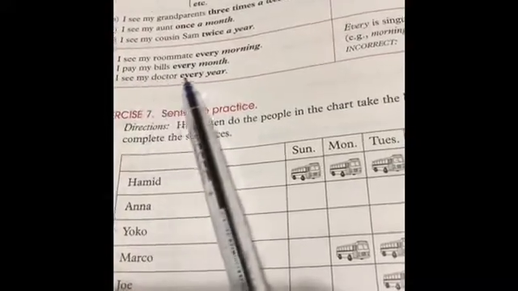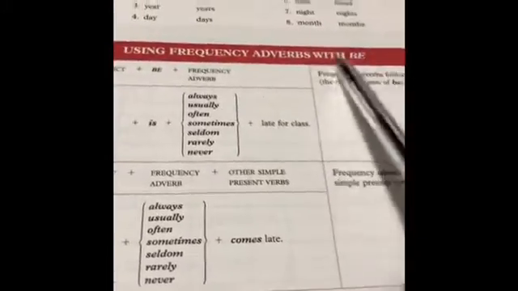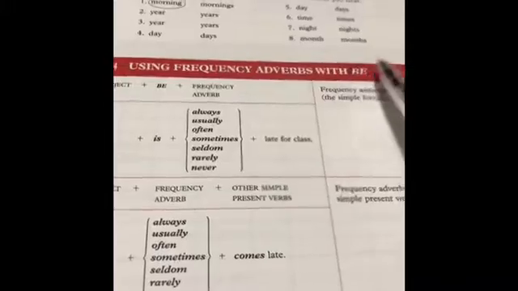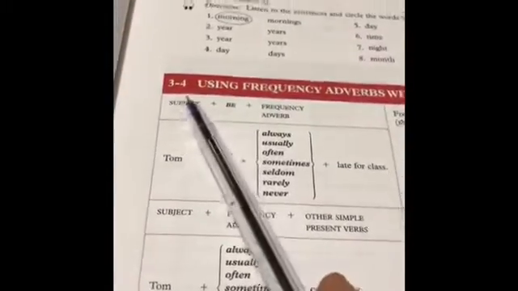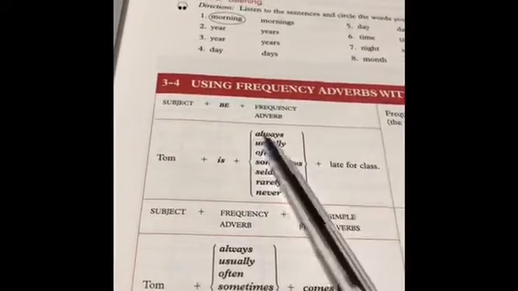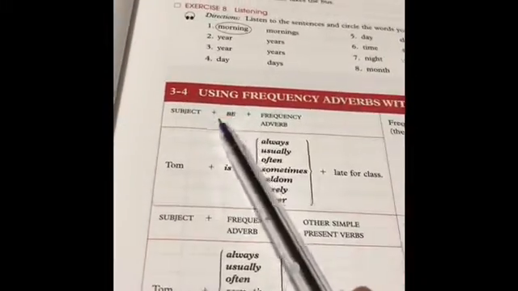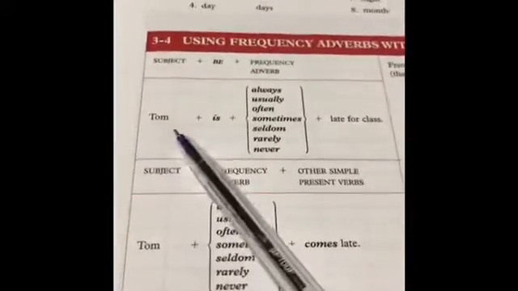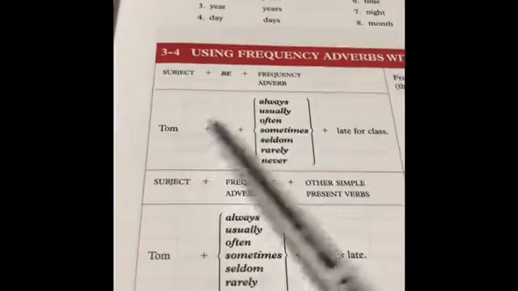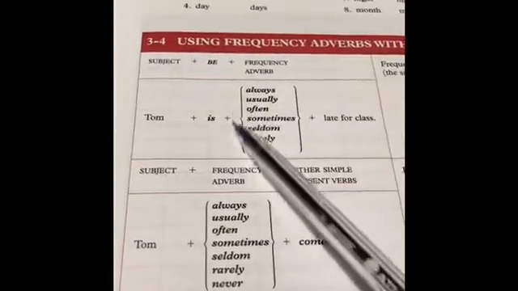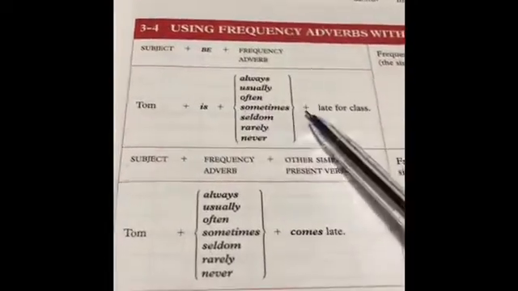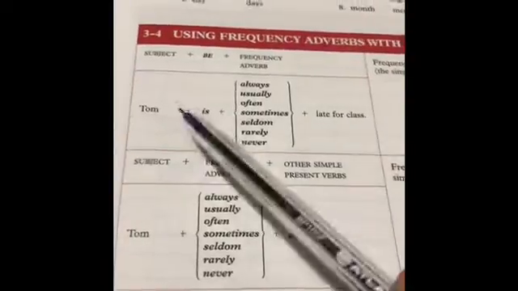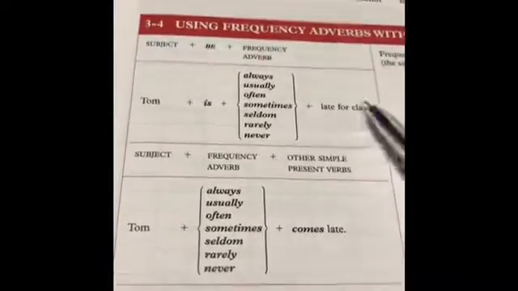Using frequency adverbs with be. كيف بستخدمها مع be? As we said, be is are. The form is subject plus be plus frequency adverb. الفاعل زائد be زائد frequency adverb. يعني for example Tom is always late for class.